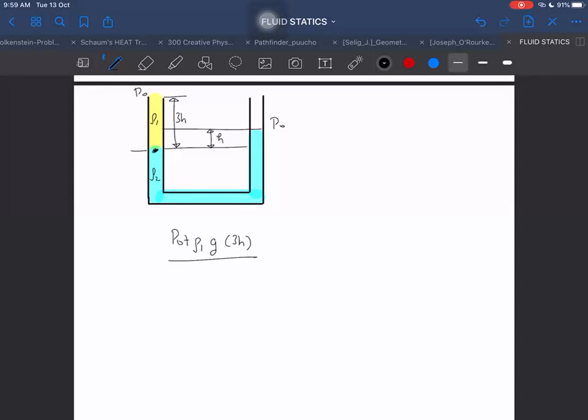Balance the pressure at the interface: P naught plus rho 2 into G into H. Then P naught, P naught cancelled. Rho 1 by rho 2 is 1 by 3. So 3 rho 1 H G is equal to rho 2 G H. That is the answer.